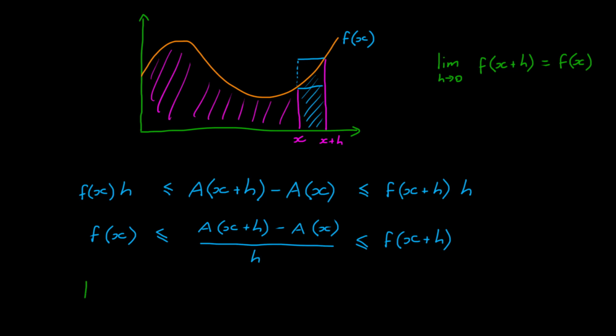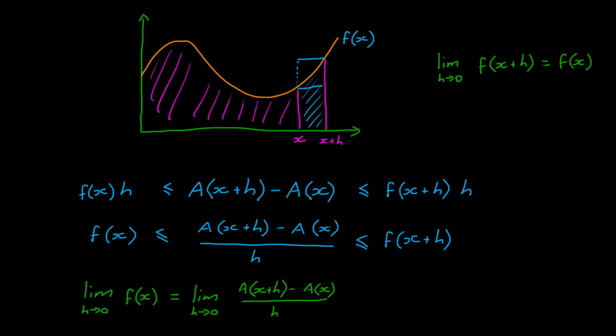that the limit as h approaches 0 of f of x is equal to the limit as h approaches 0 of A of x plus h minus A of x, all over h.